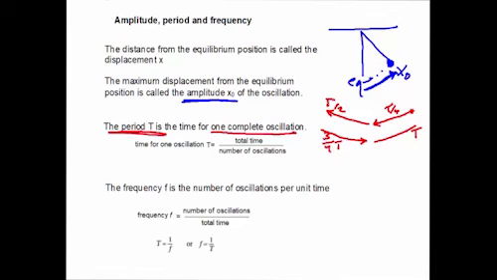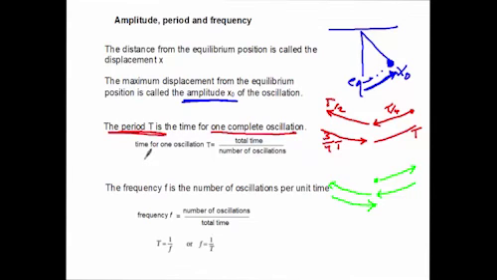It can start from the equilibrium position, going to the maximum point to the right, then coming back and going to the other side, coming back to the starting point. This is a full oscillation, and the time required for that is the time period.